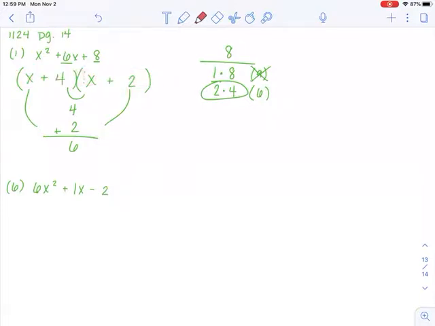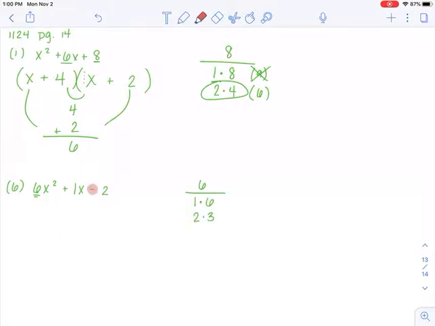Now looking at number 6, it's a little bit different because we have a leading coefficient that is not 1. The leading coefficient in this case is 6. So we're going to have to take a look at the factors of both 6 and 2. Factors of 6 are 1 times 6 and 2 times 3.